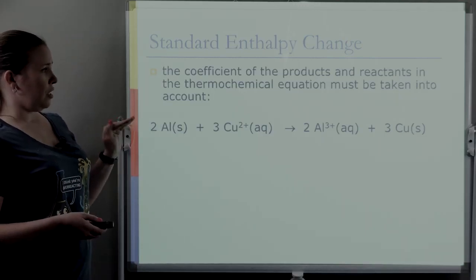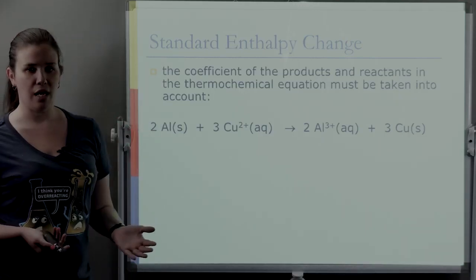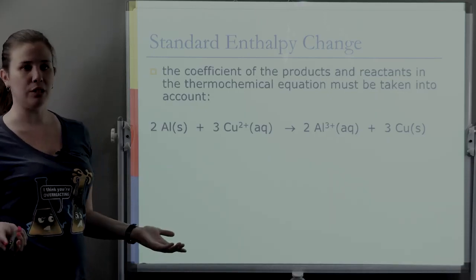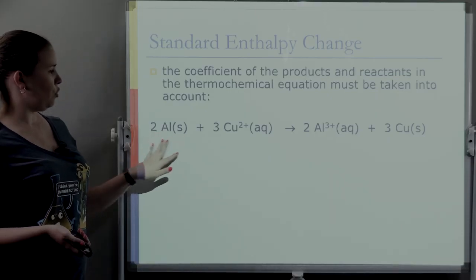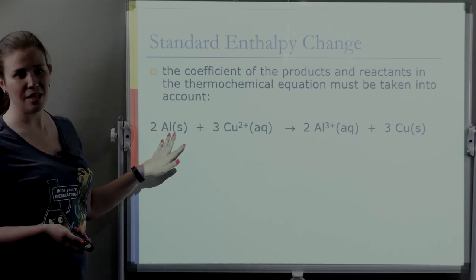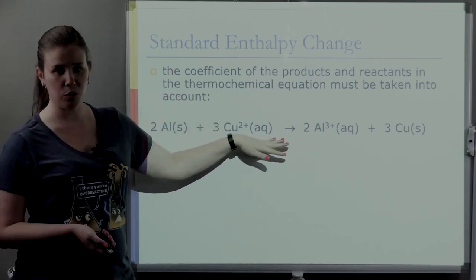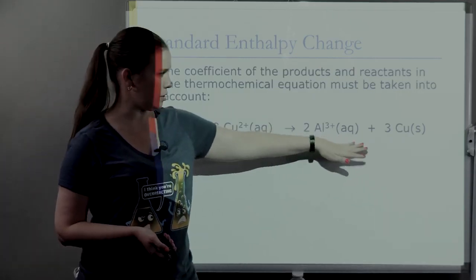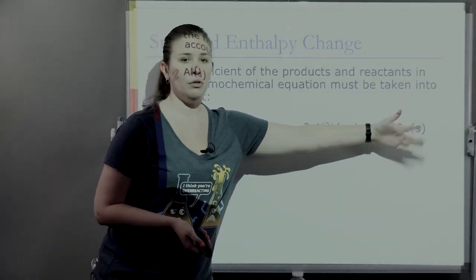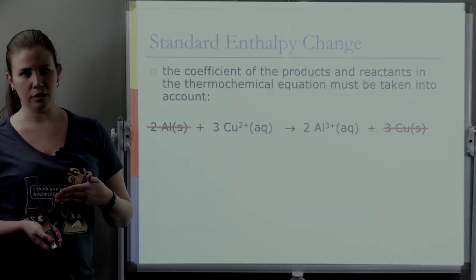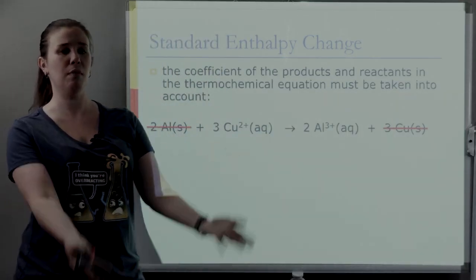So let's look at an example. The first thing that I would do is cross out things that have a 0 enthalpy of formation, because what does adding 0 really do? Here I have a pure metal. That's going to take no energy to form. That already exists. An ion, however, would require energy, so these two won't be 0. And then over here I have, again, a pure metal, which already exists. So I'm going to go ahead and mark out the solids because I don't require energy to make them.